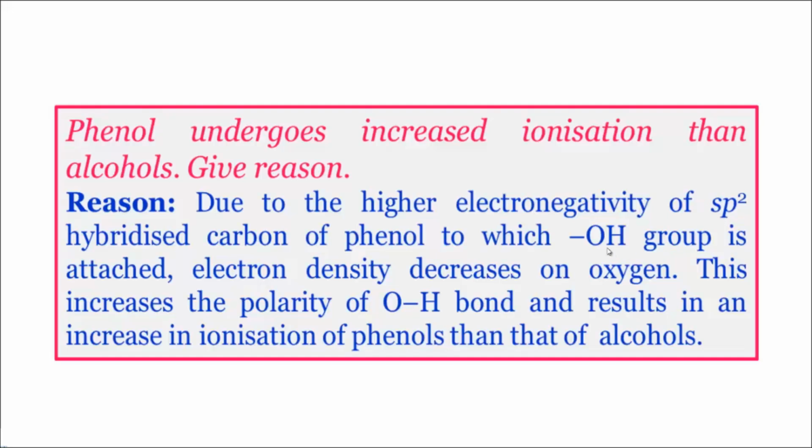The OH group has got attached to the carbon atom of the benzene ring, which has undergone sp2 hybridization, and it has higher electronegativity. Because of its high electronegativity, it draws the electron from the oxygen of the OH group. Therefore, the electron density on the oxygen of the hydroxyl group decreases.